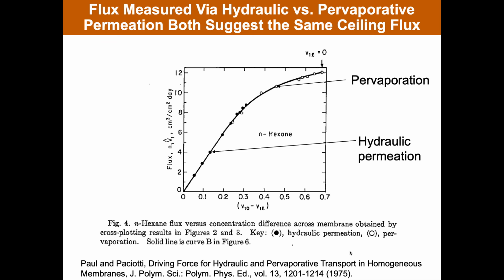Now in pervaporation, you have a liquid upstream, and you maintain a high driving force by full vacuum, right? And as you let the perm pressure come up a bit, this gradient slides, the flux comes down, and you see perfect overlap between the results of pervaporation and hydraulic permeation.